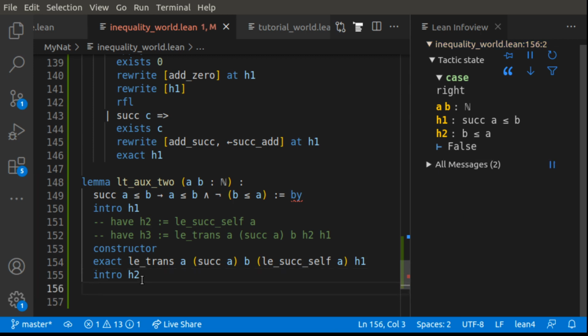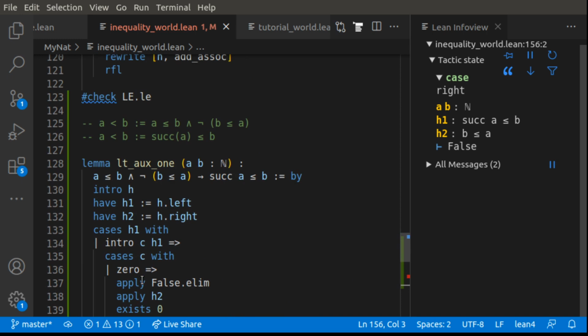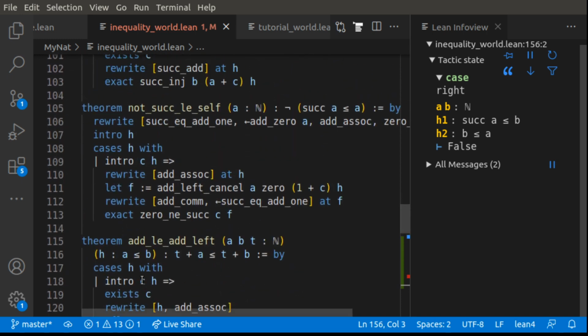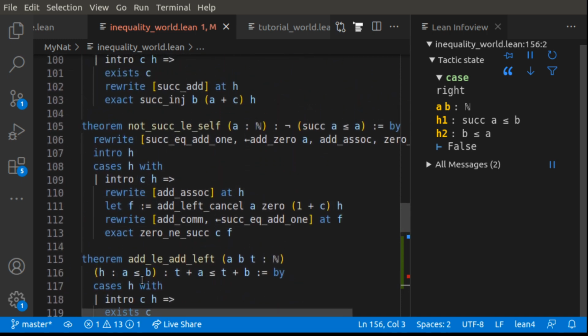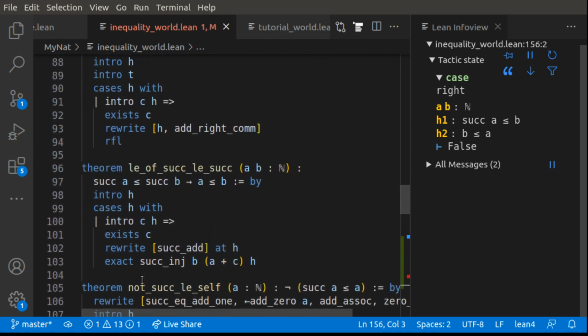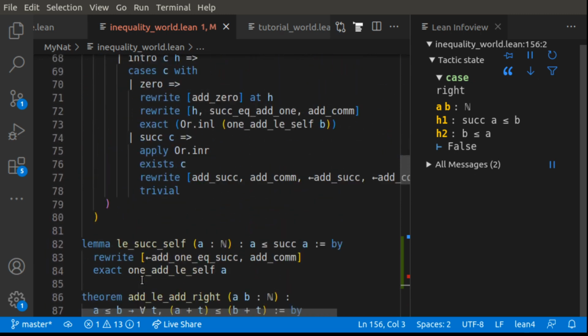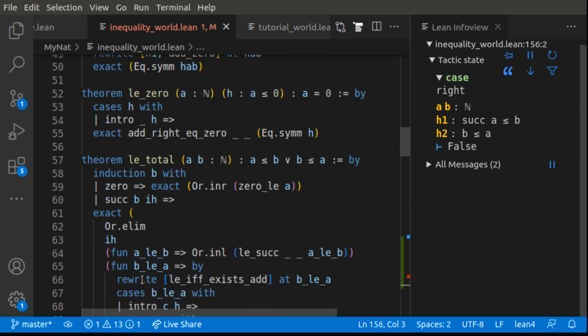Successor of a is less than or equal to b, and b is less than or equal to a. Let's look at what we have. Not successor itself, that's fine. So we have one or the other, a less than or equal to b, or b less than or equal to a, not both.